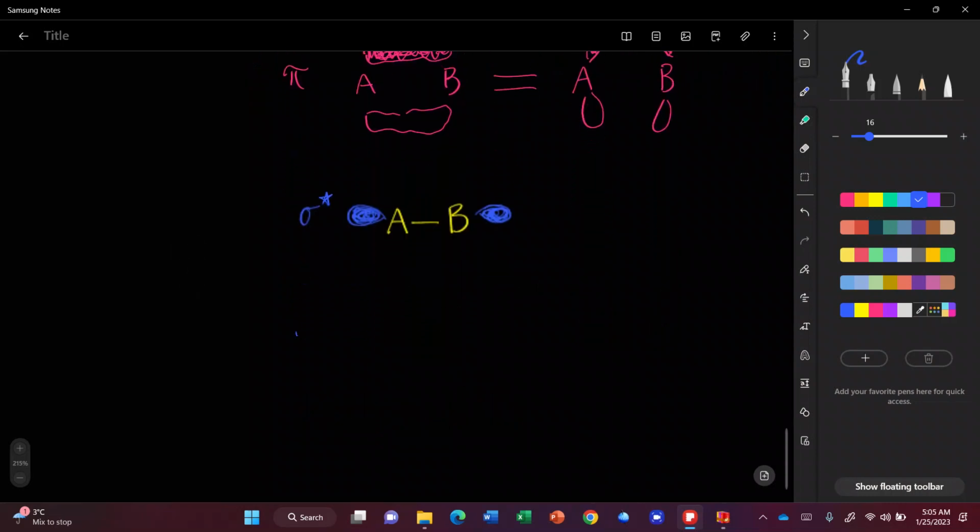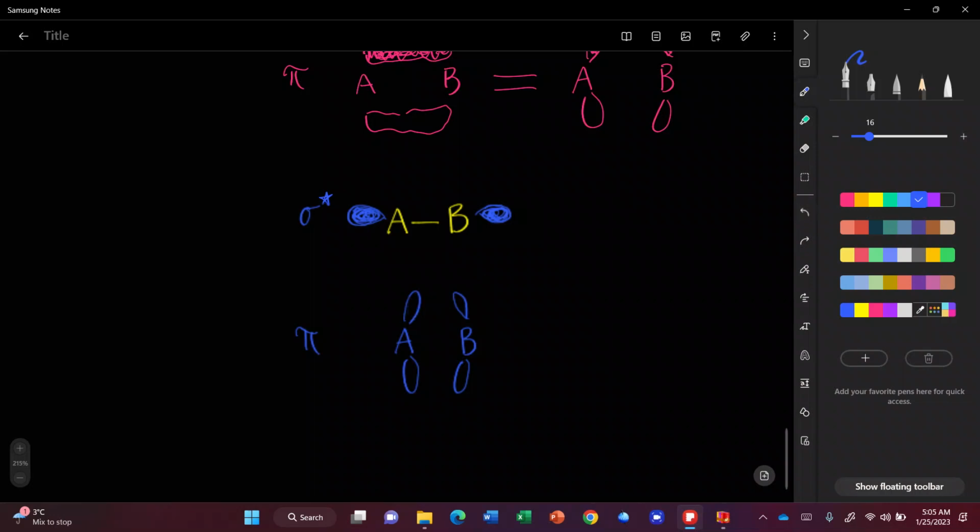And a pi star orbital is going to do the same exact thing. If I have A and B, remember the pi orbital is when the shading was correct. When the shading is correct, you get a nice bonding interaction there and a nice bonding interaction there.